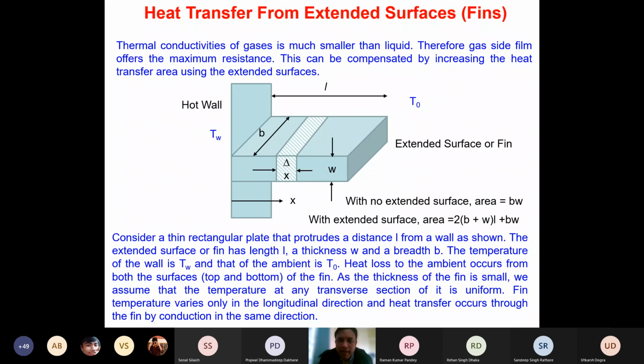Okay, so let's extend our analysis to a new system. Here we are going to look at heat transfer from extended surfaces or fins. This type of extended surface you regularly see if you are driving a car or a bike.